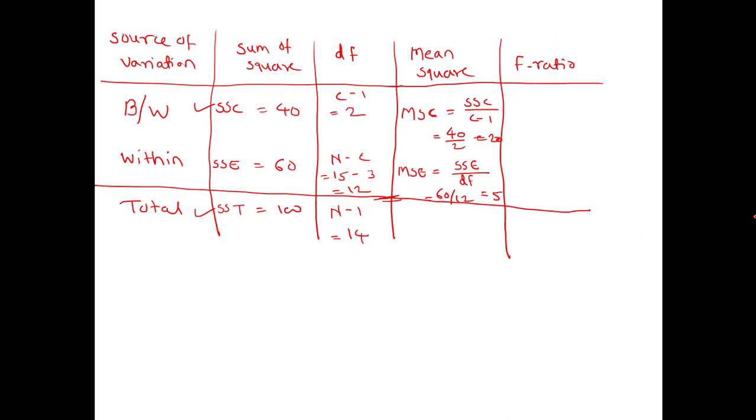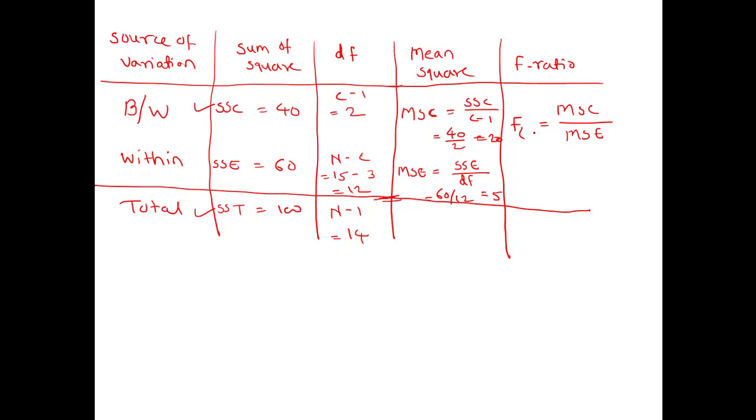Now the next important step for the F ratio. So to calculate the F ratio or the calculated value of F, we can find out like this. So F is equal to, now we are going to see which value is the maximum value between MSC and MSE. So here MSC is 20 and MSE is 5. So the larger value is 20. So the larger value will come into the numerator. So MSC is in the numerator, and in the denominator the smaller value, so MSE.